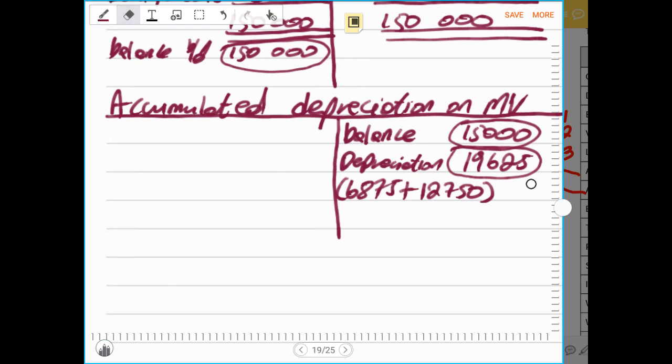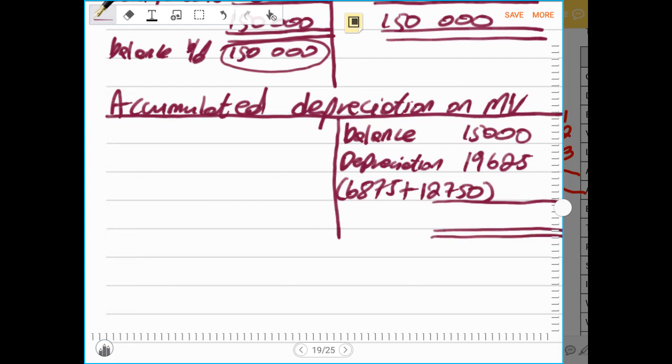Then you just balance the ledger account from there, because there was no new vehicle that was acquired during the current accounting period. So now let me just balance this ledger account, and obviously the bigger side will be the credit side. So now I just have to add my credit side.